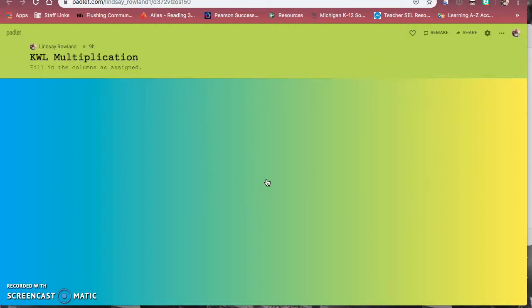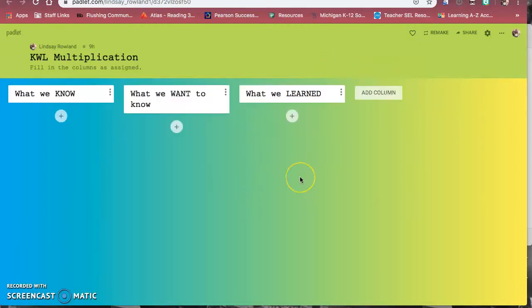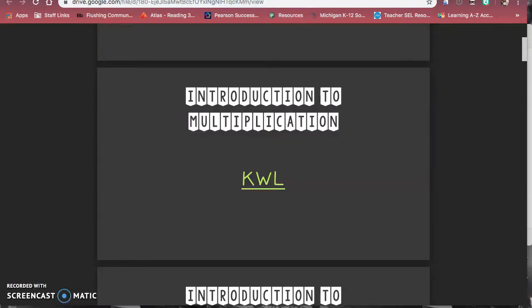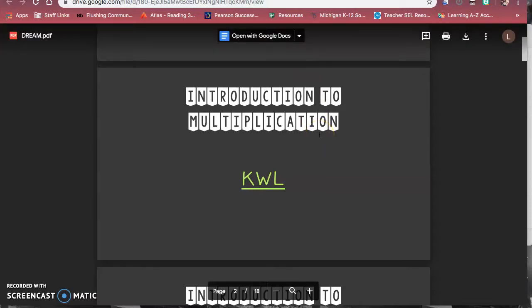On the first day, they will fill in, if this loads, what we know about multiplication, and then they will fill in what we want to know about multiplication, and they will put their name on it. So I should have 29 things for what we know, 29 for what we want to know, and we can compare. And then we will go back to the lesson.